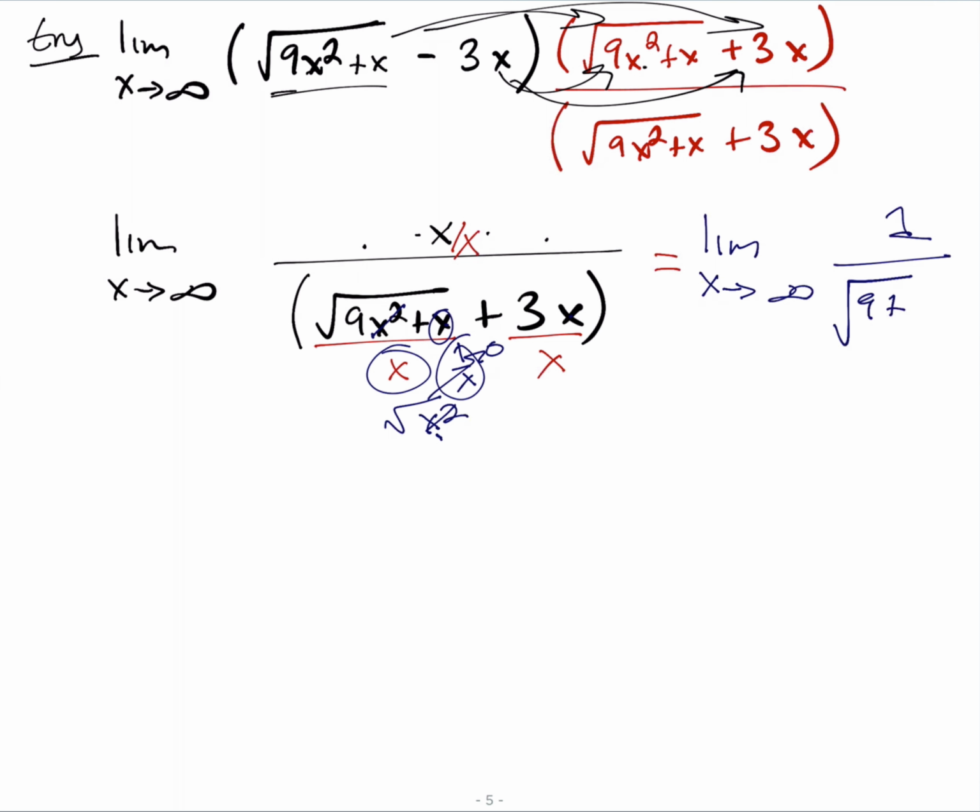And then here the x over the x, that's just 3. But be a little bit careful because the 3 is not under the radical, right? The 9 is under the radical, but the 3 is outside of the radical. So then what do you end up with? 1 over 6. Does that make sense?